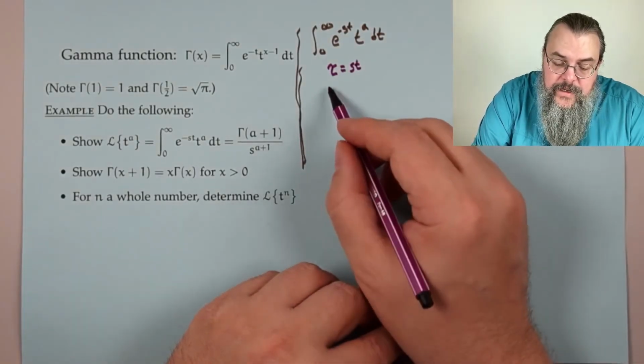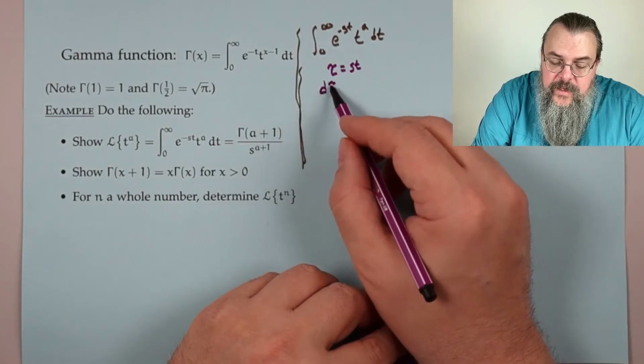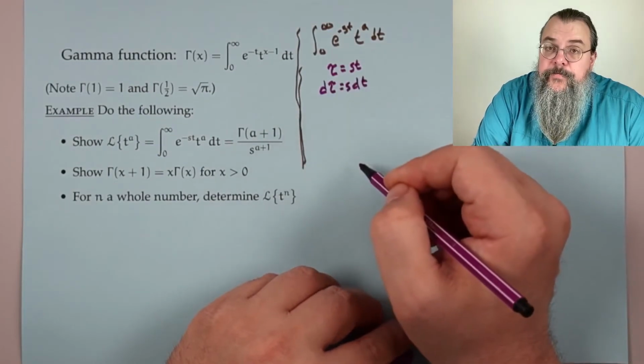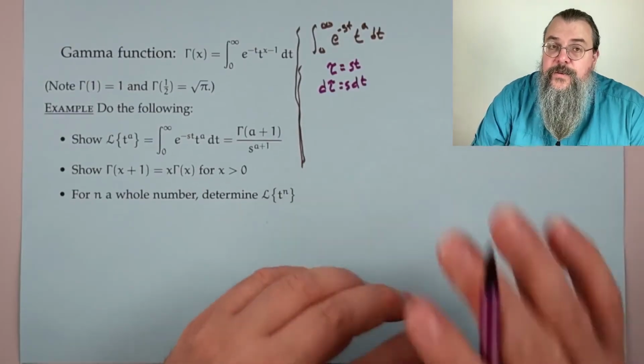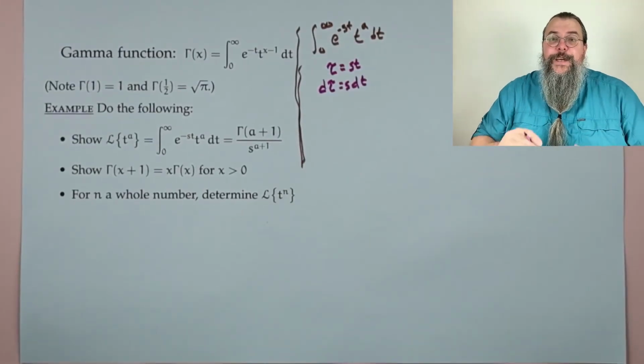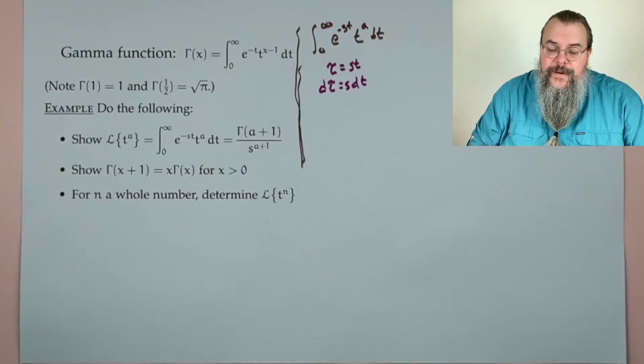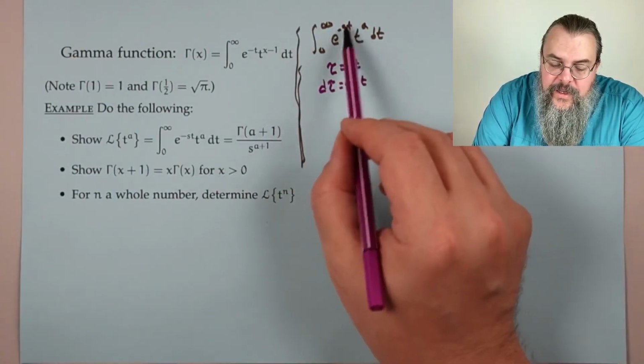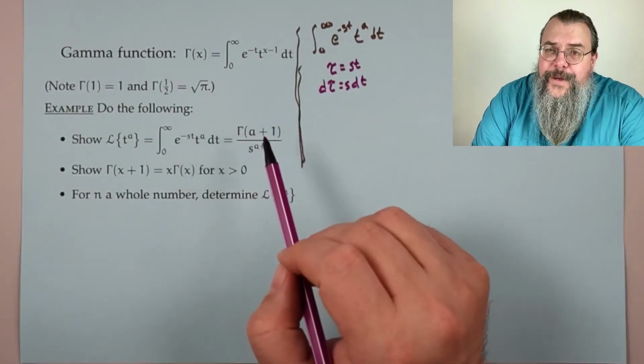And if we do that, then d tau is s dt. So substitution is a great way to change your name and fix the inside. Right now, the st is our inside that we're trying to fix.